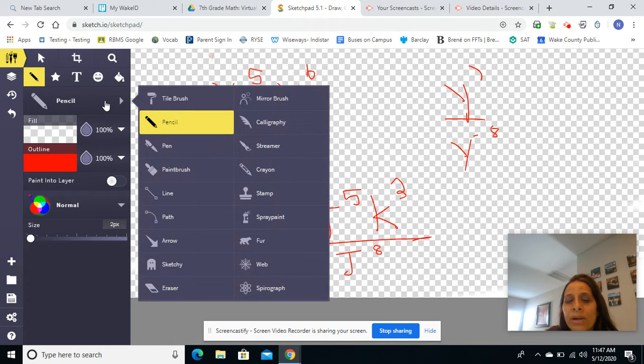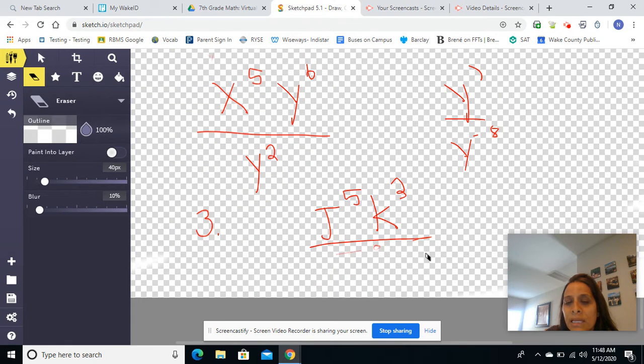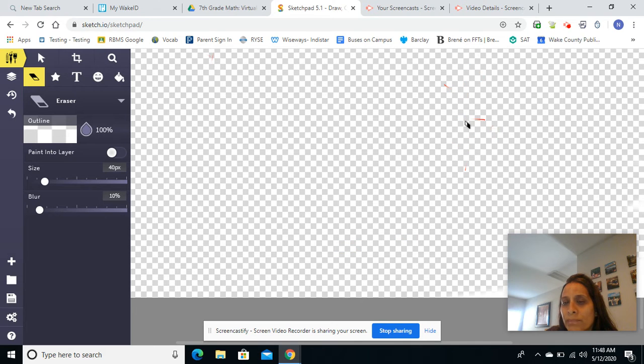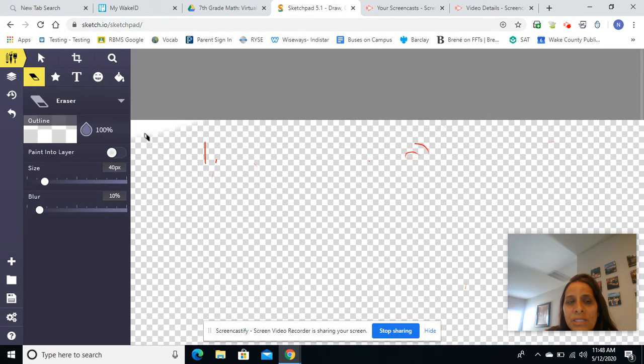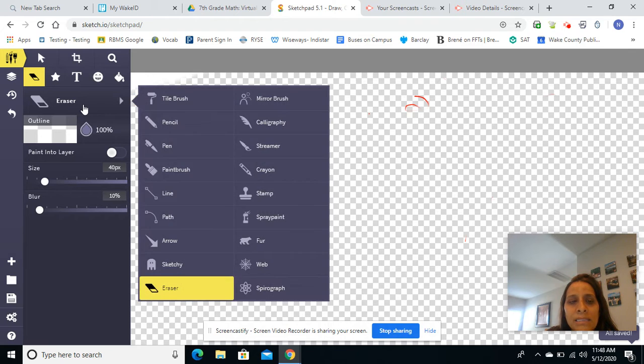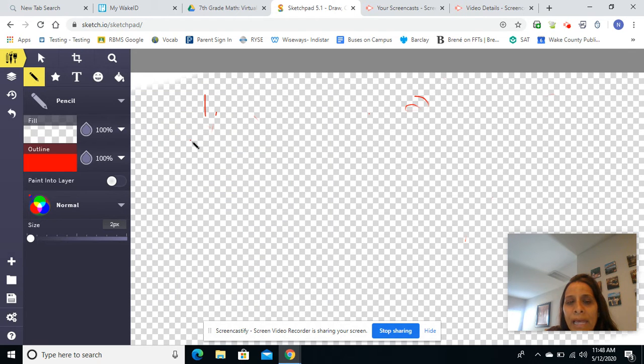So today we're going to look at what happens when we want to raise exponents to a power. So what do I mean by that? I have x to the 5th power, and I want to raise that to the 3rd.